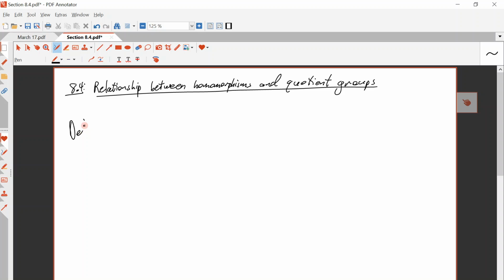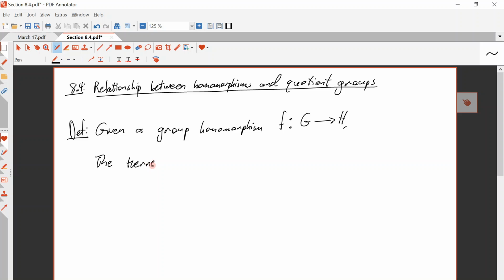So, to begin with, given a homomorphism of groups f from G to H, the kernel of f, which is denoted by ker f, is as follows.